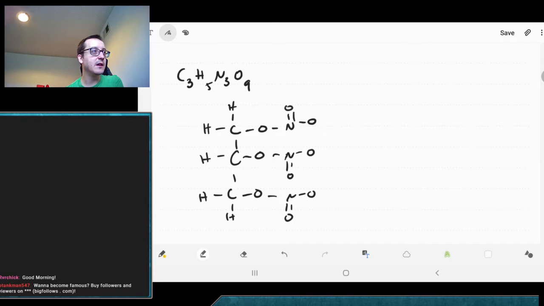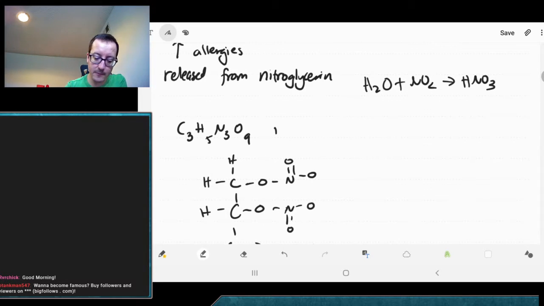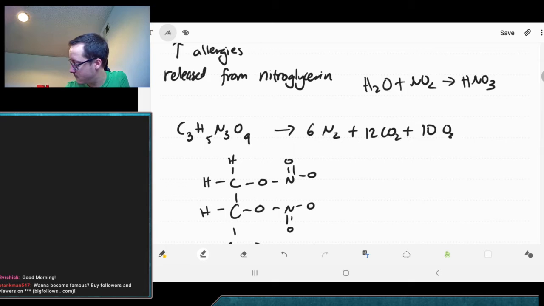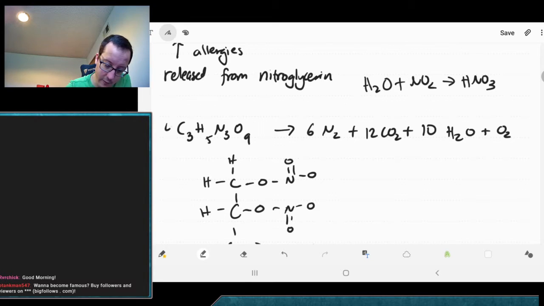So with this, we can react it. It'll react with, or actually, it'll just self-combust. It'll produce, let's see, 6 nitrogens, 12 CO2s, and 10 oxygens. No, 10 waters and an oxygen. And we're going to need, looks like 4 of these.